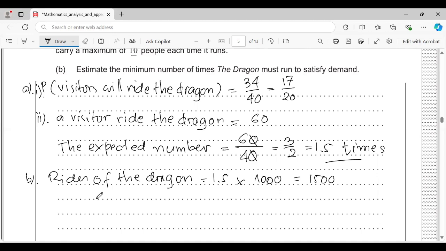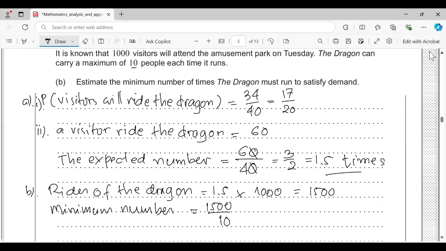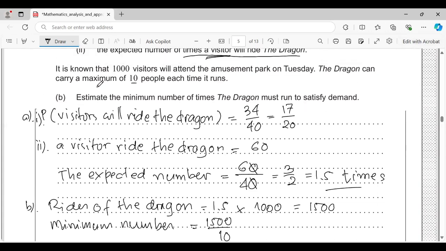Right, and the minimum number of times the Dragon must run to satisfy demand is 1,500 over 10, because recall that the Dragon can carry a maximum of 10 people each time it runs.